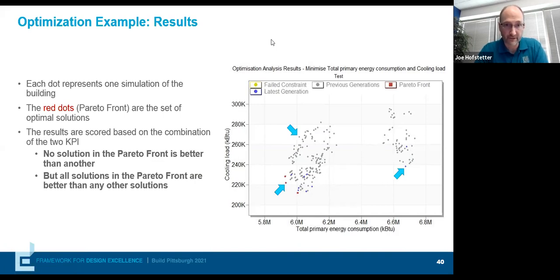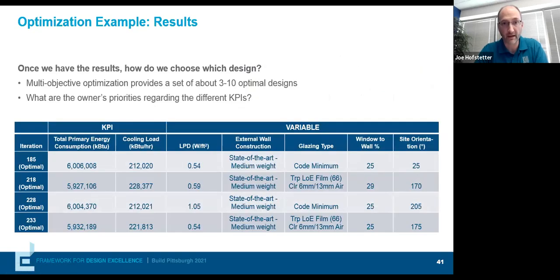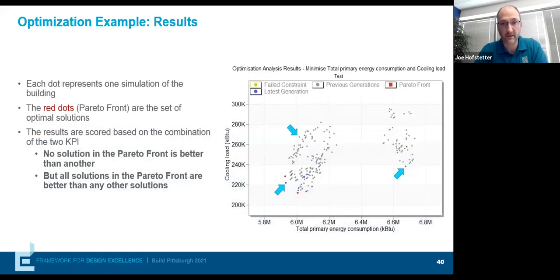If you didn't do this and you wanted to get the best out of both KPIs, you may find yourself short, because you can have a very good reduced cooling load in the upper left-hand corner where the arrow is pointing, but it's not all that great from an energy standpoint. Whereas the arrow on the lower right-hand corner has a great cooling load, but doesn't have very good overall energy performance.